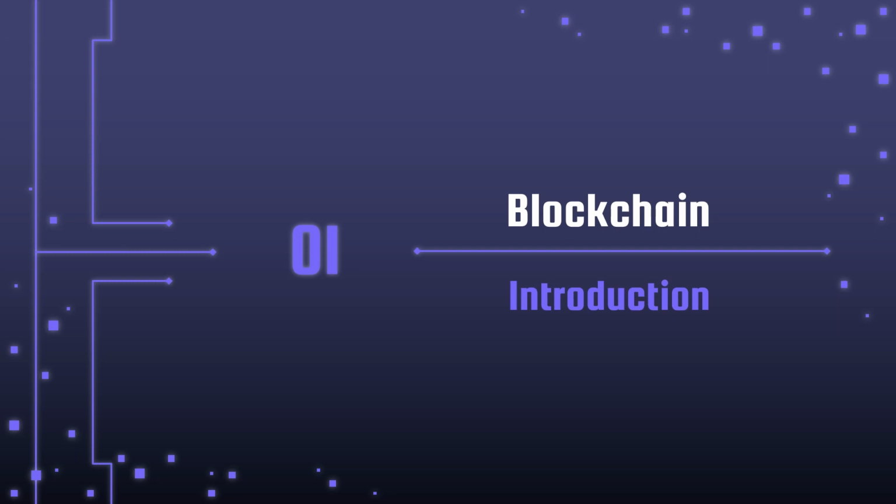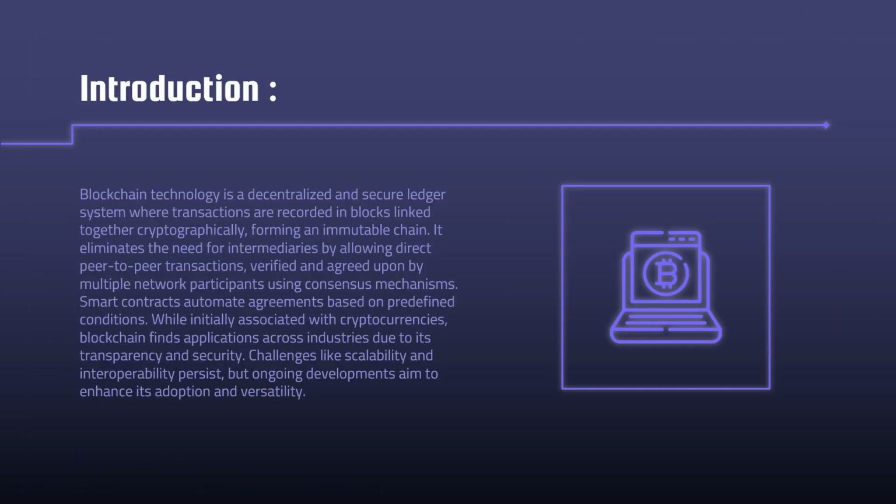Chapter 1. Blockchain introduction. Blockchain technology is a decentralized and secure ledger system where transactions are recorded in blocks linked together cryptographically, forming an immutable chain. It eliminates the need for intermediaries by allowing direct peer-to-peer transactions, verified and agreed upon by multiple network participants using consensus mechanisms.